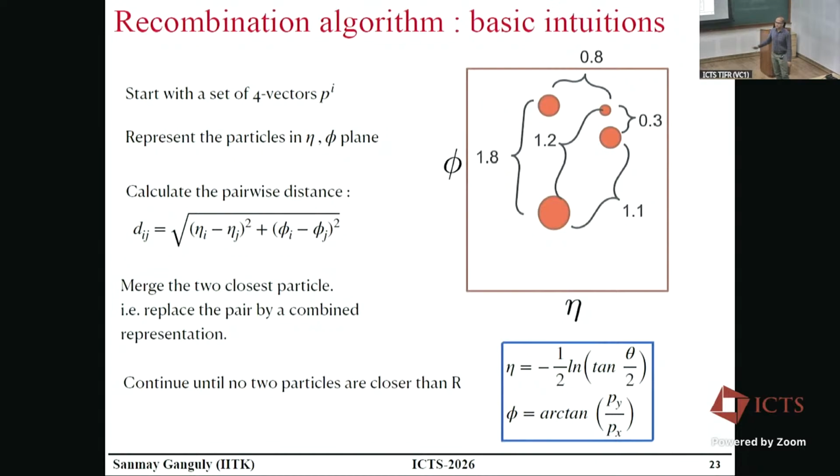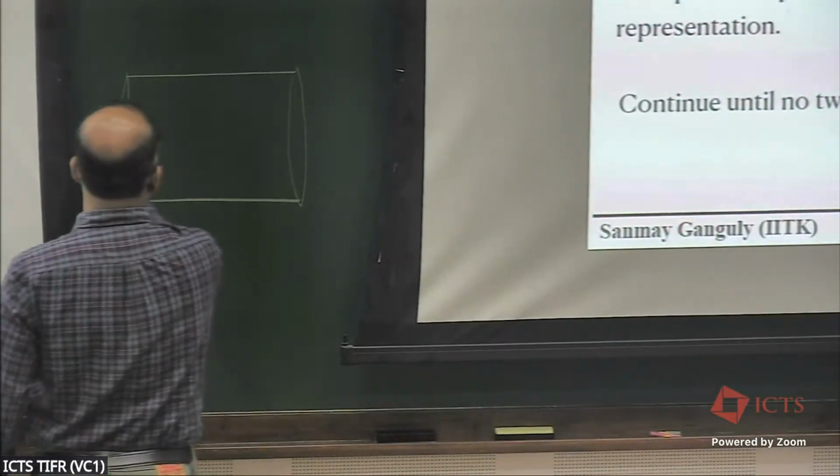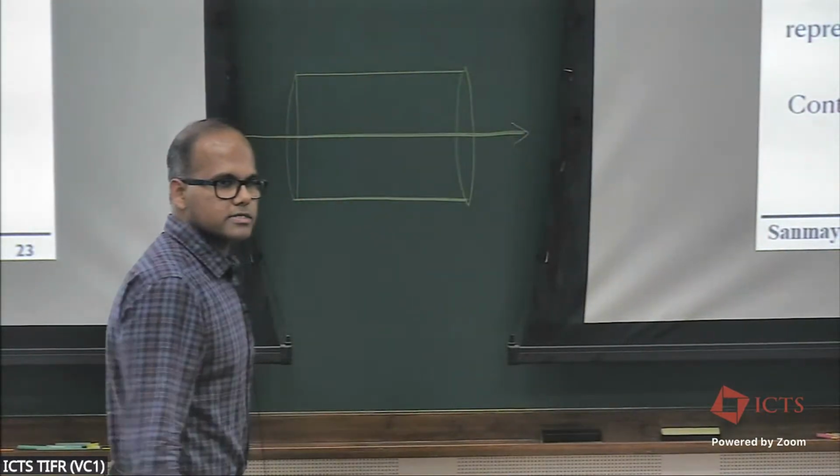No, this is absolutely real space. Eta-phi is actually a direction in real 3D space. In our collider setup, we have a cylindrical coordinate system.